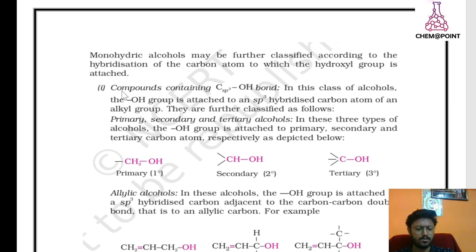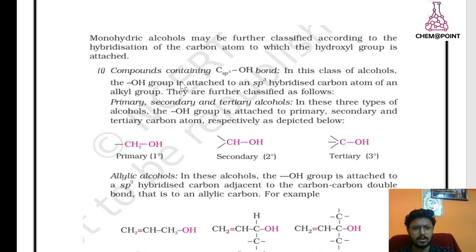The first type is compounds containing C(sp3)-OH bonds. Dear students, sp3 means tetrahedral geometry, and that carbon atom has no pi bonds and no multiple bonds. So all are single bonded, it is sp3 hybridized. Do you understand my point?